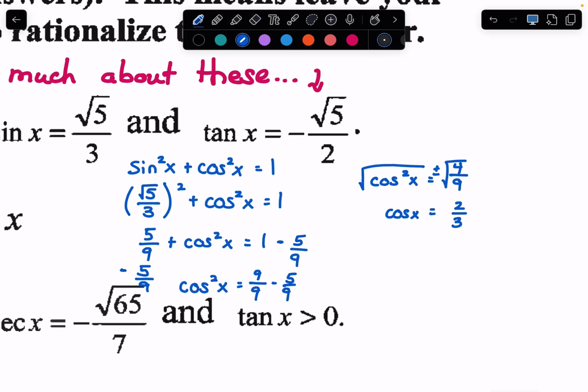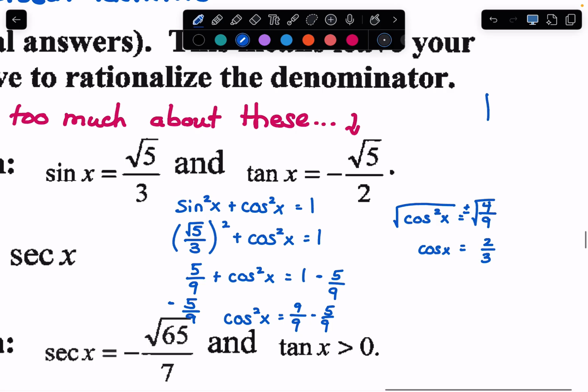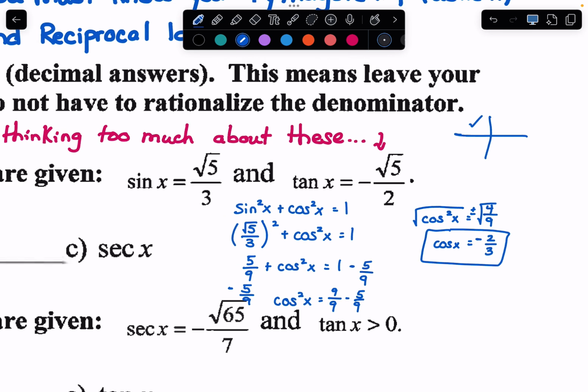2/3. And then if tangent is negative and sine is positive, where am I at? What quadrant? 2, right? And so am I positive or negative for cosine? Negative, right? So that would be your answer for that.